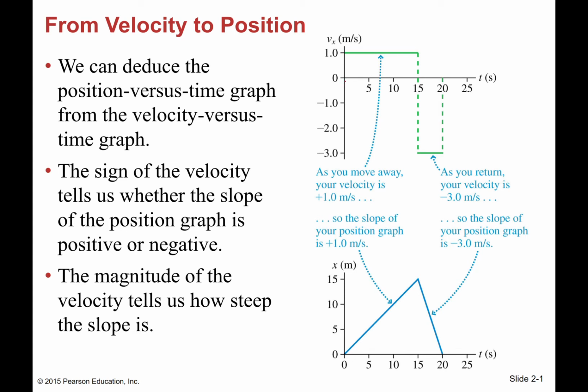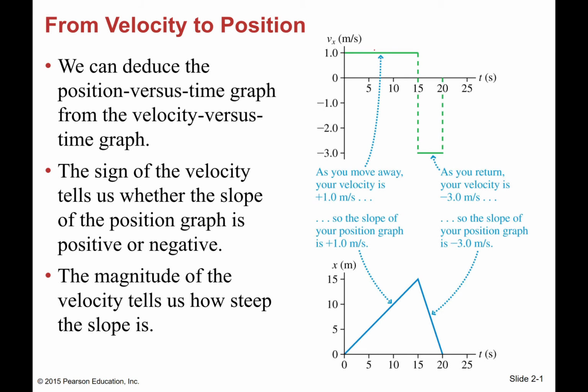From 0 to 15 seconds, the object has a velocity of 1 meter per second, and it's positive, right? And then from 15 seconds to 20 seconds, it has a negative velocity, minus 3 meters per second.